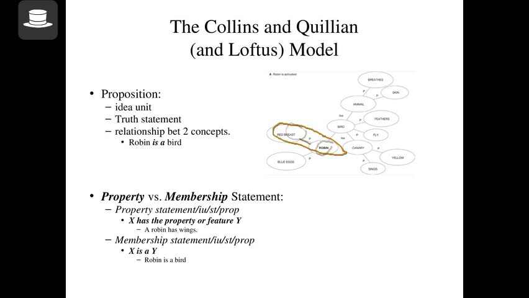The other proposition is the membership proposition. An example here is a bird is an animal, right? It has two concepts, bird and animal, and the pathway here is the ISA pathway. So there are two kinds of propositions. Now, propositions are also called statements or idea units. So property statement, property idea unit, property proposition, they all refer to the same thing, a proposition of a property kind, and the same thing applies here.